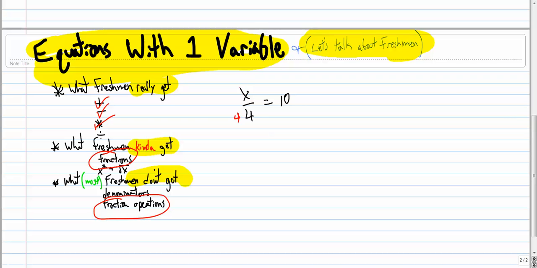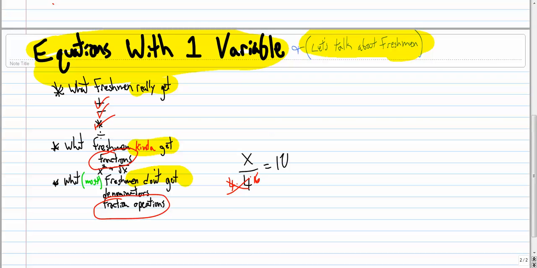And they'll put a 4 right down here, underneath the line. What that means is 4 times 4, so what they really have is 16 if they do it that way.